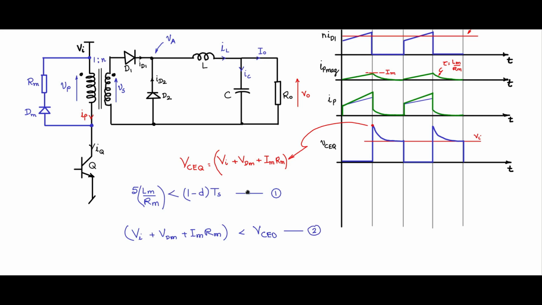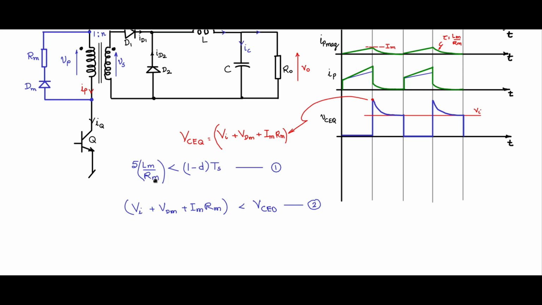Now using these two inequalities, you can see that Rm should be greater than 5 Lm by 1 minus d Ts. Ts I will replace by the switching frequency, so I will say 5 Lm Fs by 1 minus d should be less than Rm. Rm I have taken to the other side, and Rm should also be less than, if I take this relationship, VCEO minus Vi minus VDM by Im.